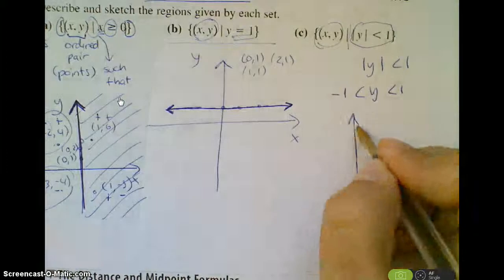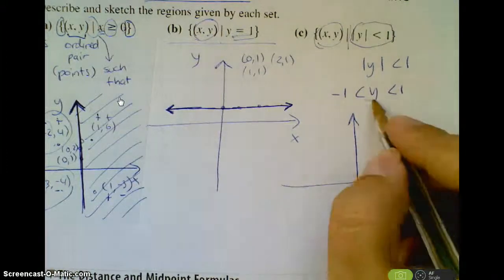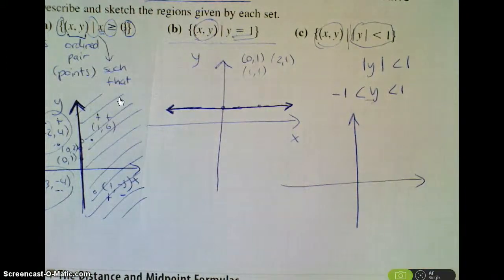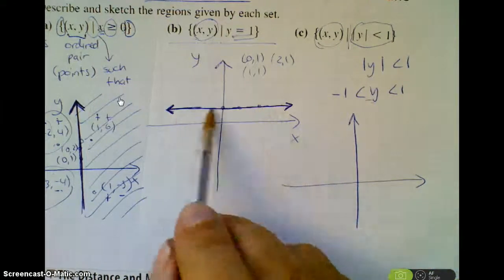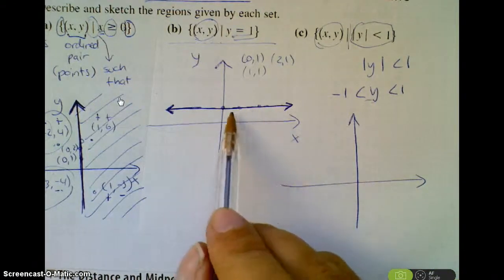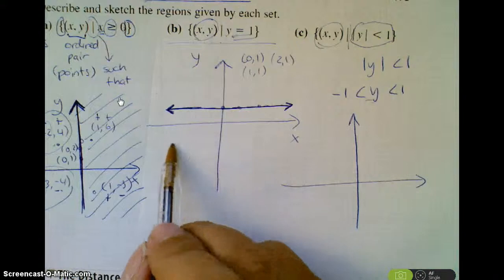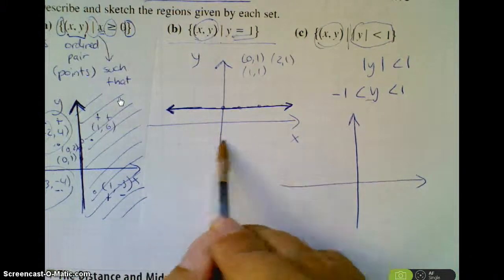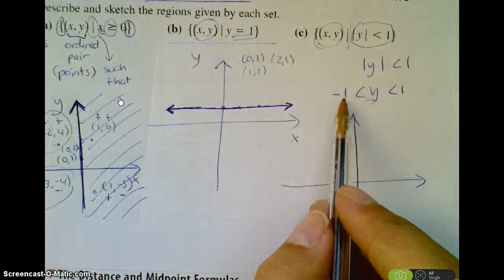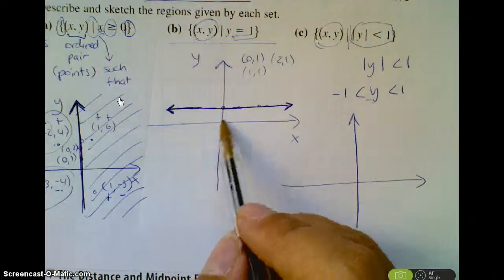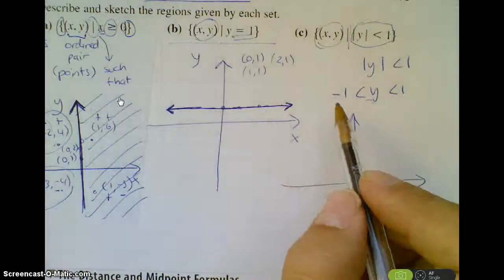So what are all the points for which the y coordinate is between negative 1 and 1? I know that the ones that have y coordinate 1 are these. The ones that have y coordinate negative 1 are going to be lined up on a line like this. So that means the points that have y between negative 1 and 1 are going to be the ones shaded in between.